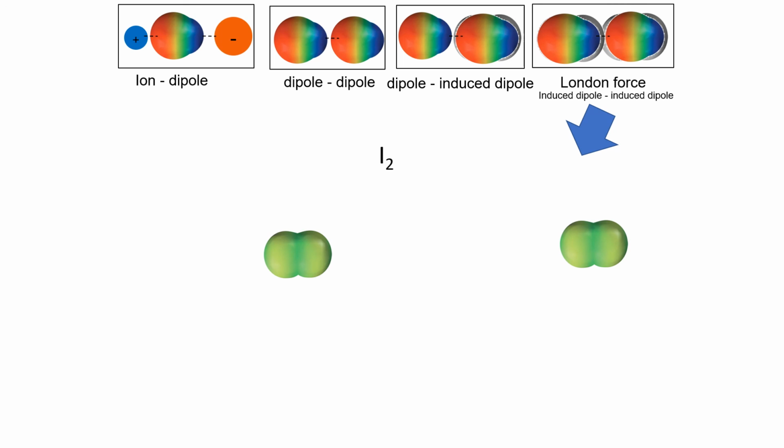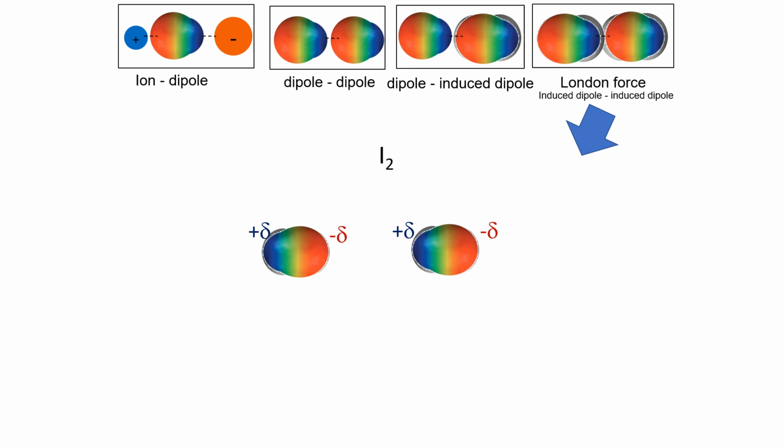The next part is London forces, induced dipole-induced dipole attraction. Let's consider the attraction between two iodine molecules. When one iodine molecule comes close to another iodine molecule, there are also electrons. Therefore, this electron repulsion may induce a dipole that now has positive and negative ends.